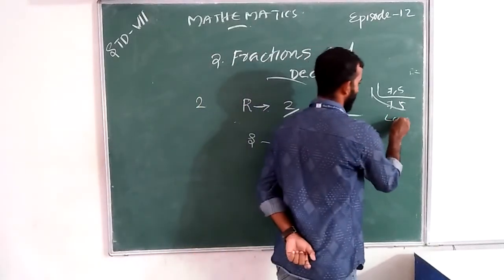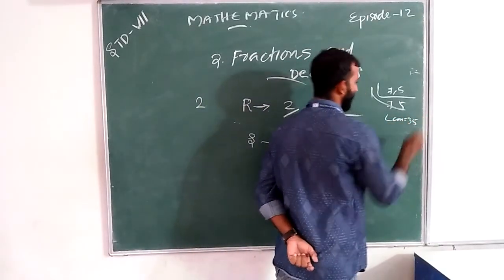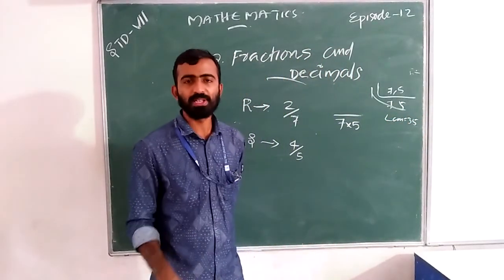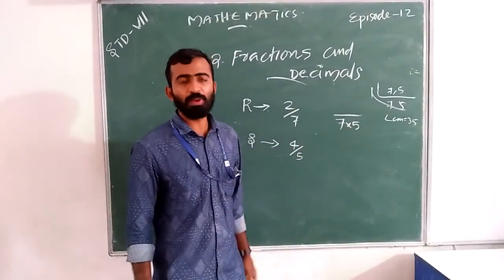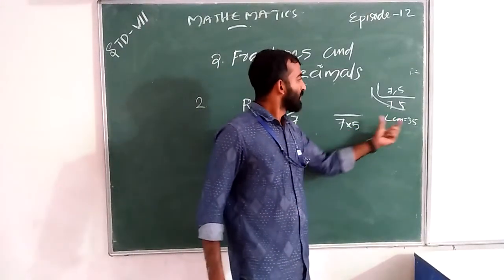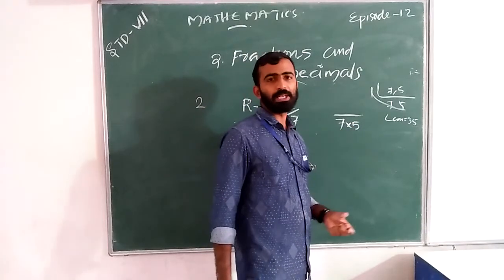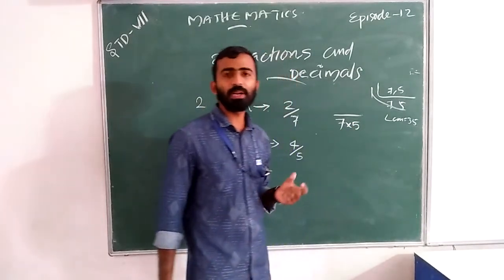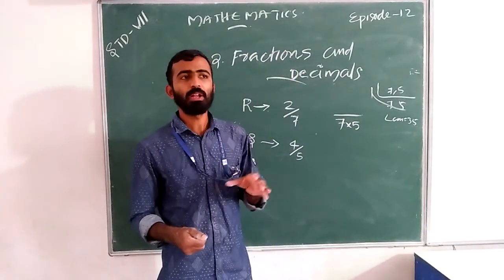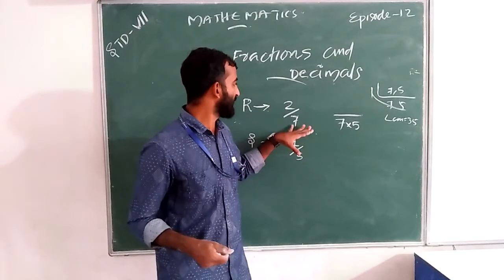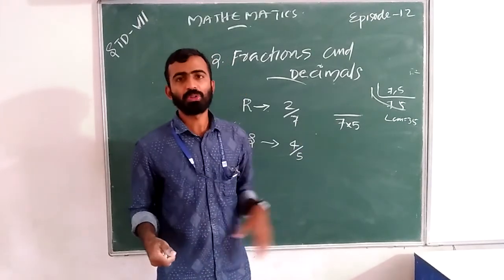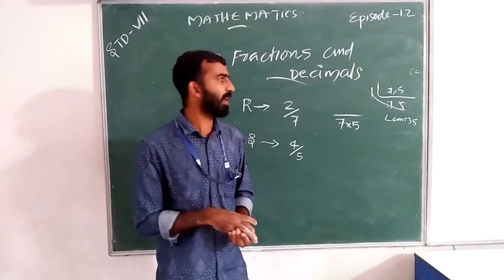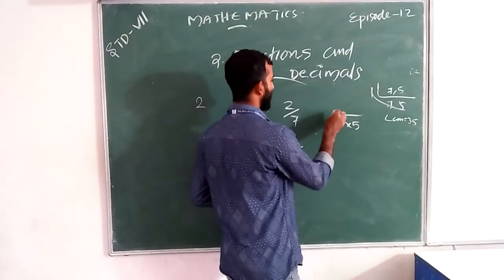LCM is 35. Then we convert the denominator into the LCM. Here we have 7, so we want to convert 7 into 35. 7 into 5 we get 35.